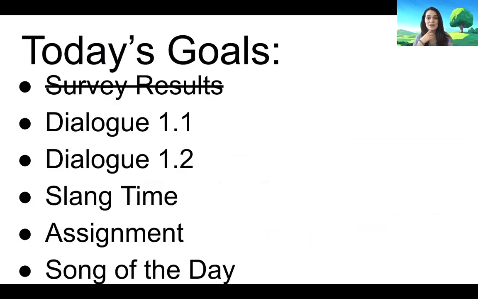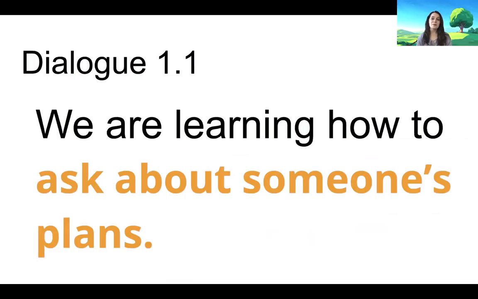So let's get started with our first topic, which is asking about someone's plans, whether it's for today or tomorrow or this weekend or way in the future. We're going to learn how to ask what someone's plan is.